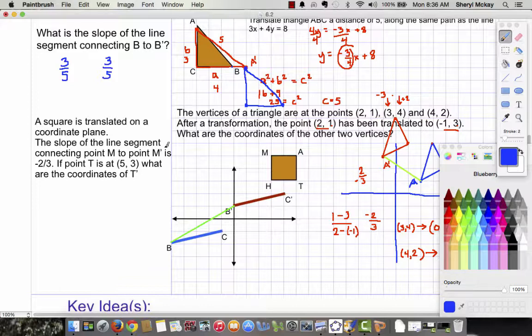Okay, little tricky. I'm telling you what the slope of the line segment is to connect point M to point M prime. And I'm telling you that point T is currently at (5, 3). So what are the coordinates of the point T prime? See if you can figure that out.